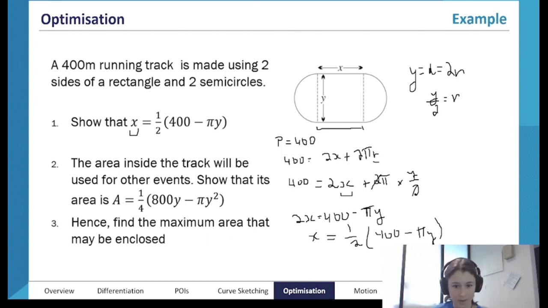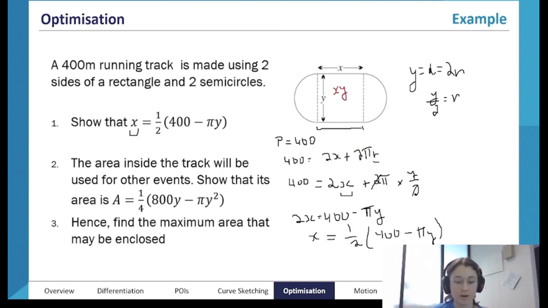Our area is going to be equal to the area of this rectangle plus the area of these two semicircles. So we're going to have the area of a rectangle plus the area of a circle. The area of our rectangle is going to be equal to xy, right?